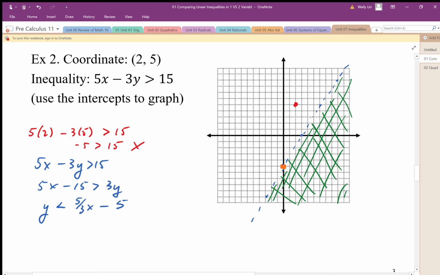If y is 0, I solve for x, I divide both sides by 5, and our x-intercept becomes +3. So that's how we can draw this line using intercepts. This is just a refresher back to grade 10. That's a strategy we had in grade 10 to draw these linear equations using intercepts when we have this general form equation.